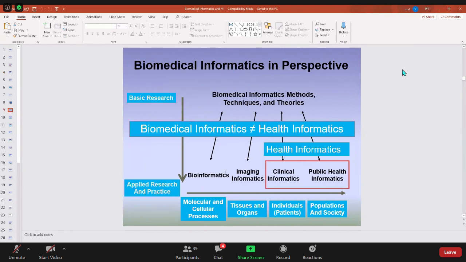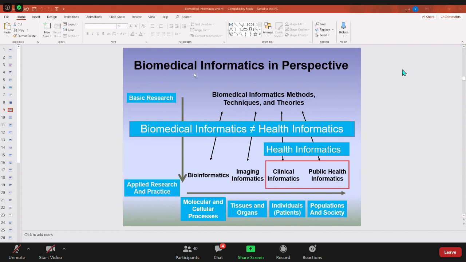So as I mentioned earlier, coming back to the slides previously, the applied research and practice among the informatics can be classified into various subgroups. Okay, and you can see that clinical informatics and public health informatics can actually be reclassified as health informatics.